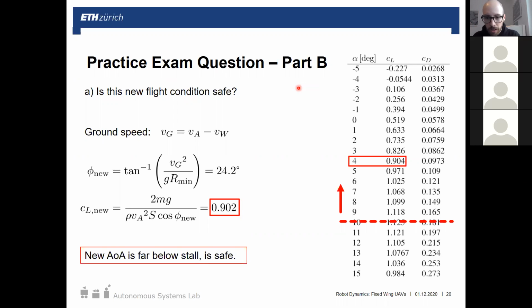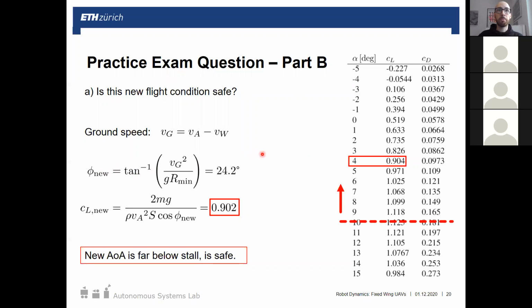Okay, so another question. From Thomas, he says, in the equations, do we always have to use ground speed? No, it depends on what's being asked.